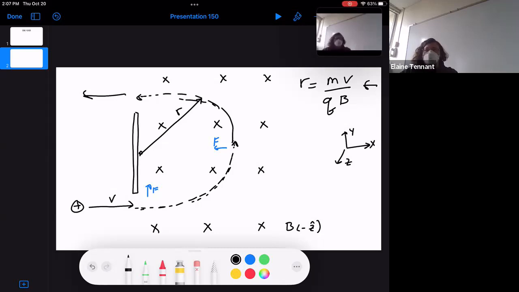What if I had shot an electron in here? What would be different? It would experience a force in the opposite direction.